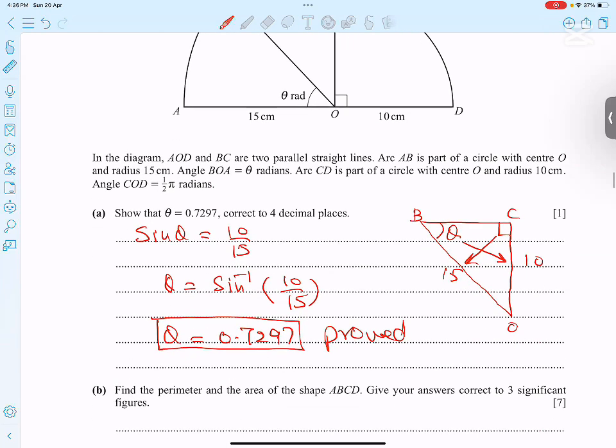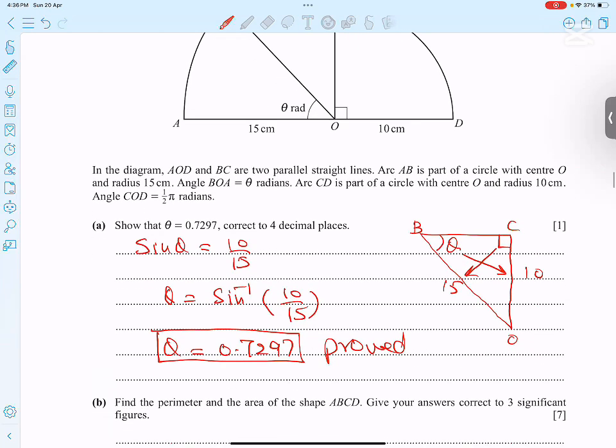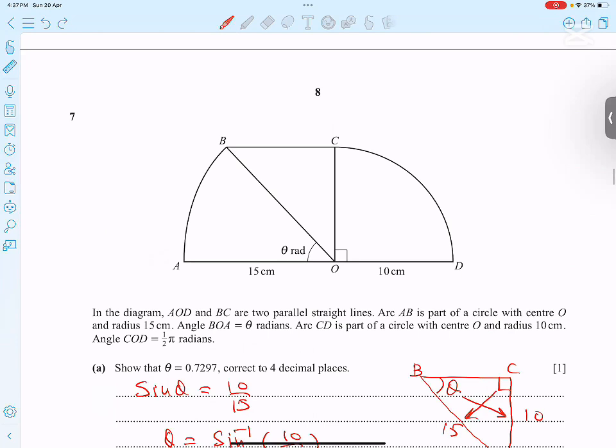Okay, let's go for the next. He's asking to find the perimeter and area of the plate to 3 SF. How to get it? Perimeter is not a hard job. Basically I start from A to O, O to D, D to C, C to B, and B to O. Outer boundary, just add.